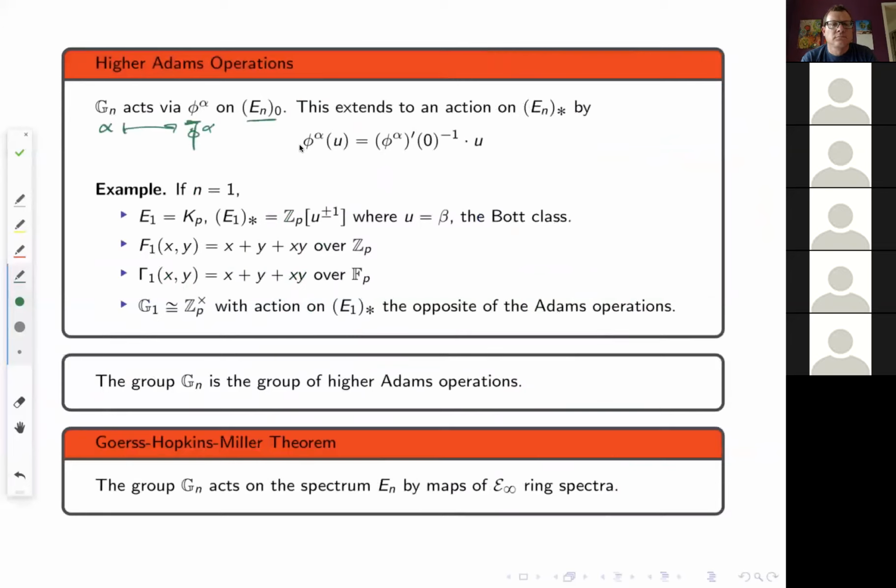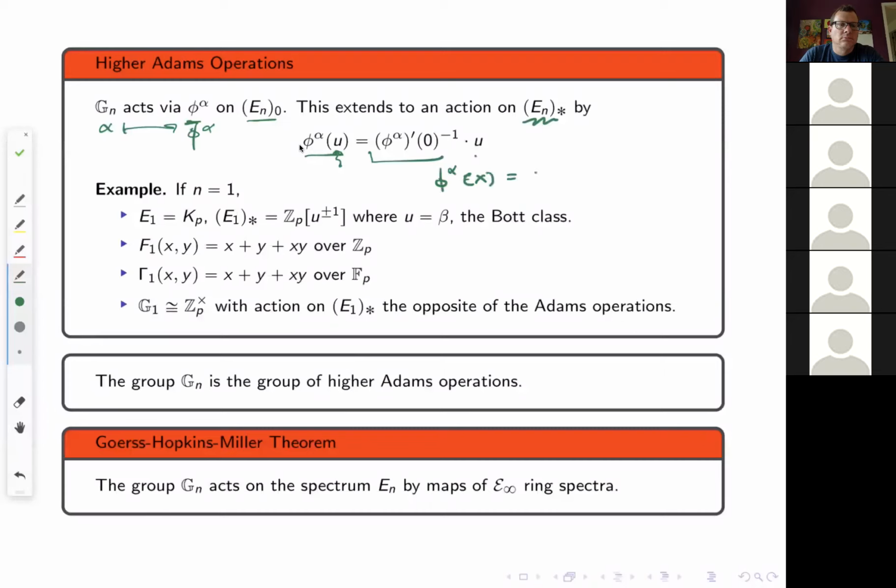Now, we don't just have En0, I've been saying En star, but I'm at En0. We actually have a whole En, which has this periodic structure, okay? And the way that we extend the action is you take this class U, which we forgot when we told the Lubin-Tate story, and you put phi of alpha U is this number times U. So phi alpha, this is the first derivative.